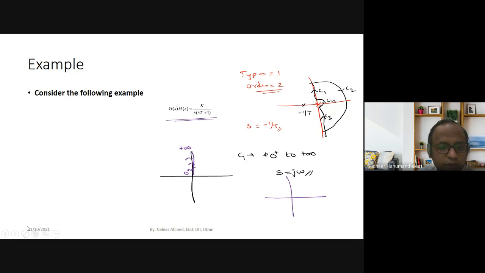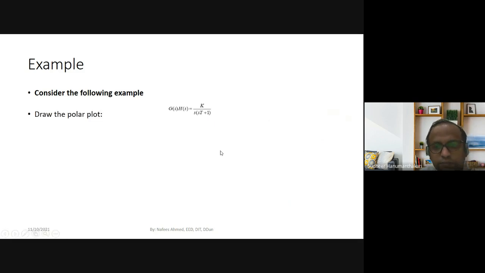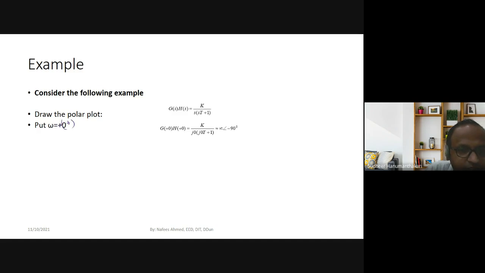So you got a basic idea. We need to draw the polar plot. First, omega is equal to 0 plus. S is equal to j omega, so when omega is 0 plus, S is 0 plus.